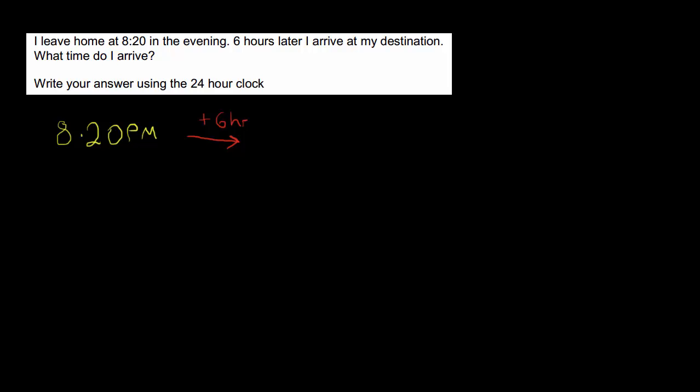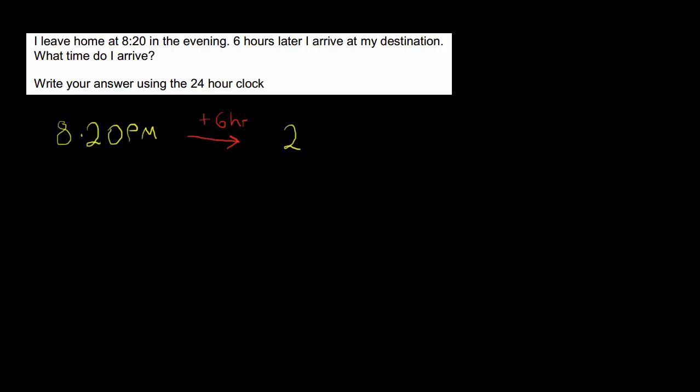Now what a lot of people like to do is just to work out the time in 12-hour clock convention and then just convert to 24 at the end. So we could do this. Now 8:20 PM, 8:20 in the evening, well it's only 20 minutes past 8. Now from 8 o'clock till midnight there's only 4 hours, so 6 hours later past 8 o'clock is 2 in the morning.